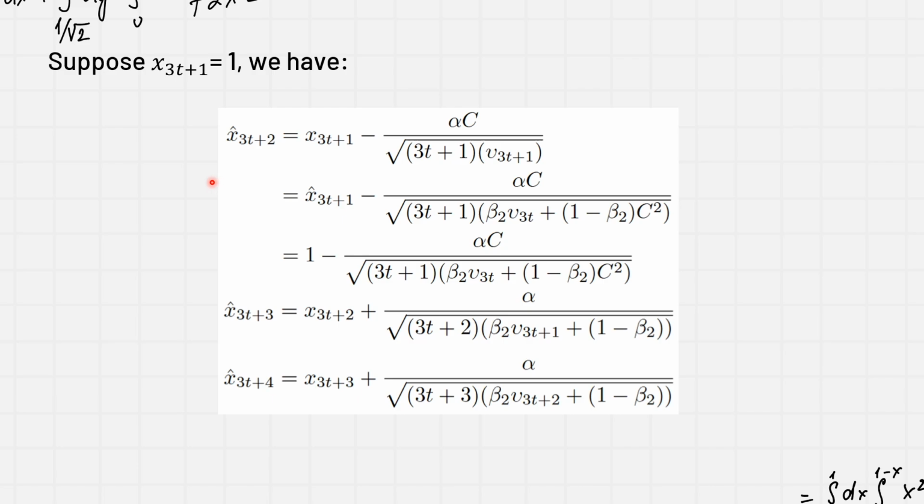In step 2, we first derive the equation from x-hat_{3t+2} to x-hat_{3t+4} by the Adam algorithm, which is just x minus learning rate multiplied by gradient. Here, alpha over root 3t plus 1 multiplied by epsilon is the learning rate, and c is the gradient of f_{3t+1}. The others follow the same pattern.